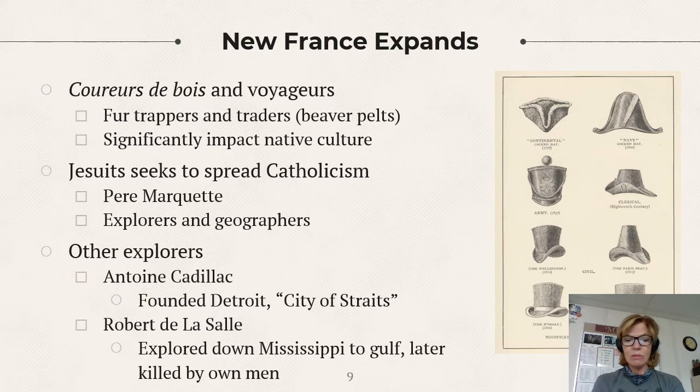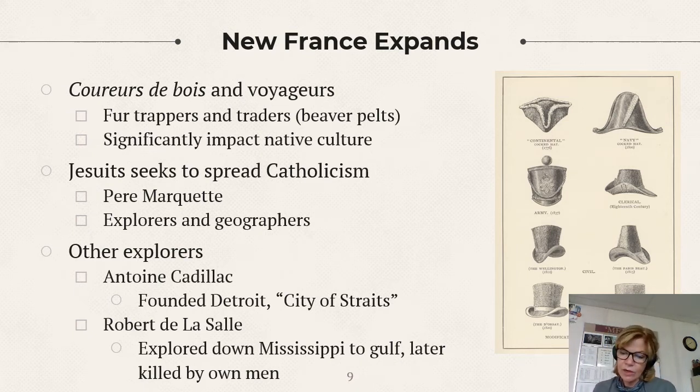You also had people going over to spread Catholicism, and there's a specific sect within the Catholic Church called the Jesuit priests. They're highly disciplined priests. There are some Jesuit universities in the United States where the Jesuits still preach. Georgetown is one of them. Preach and teach, right? But Père Marquette was one.